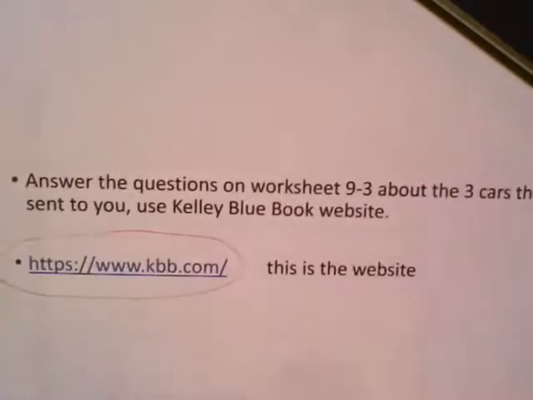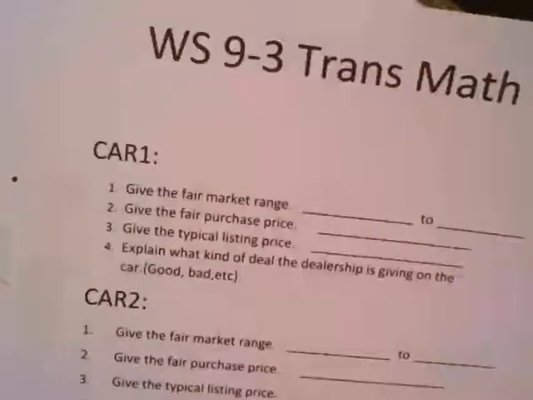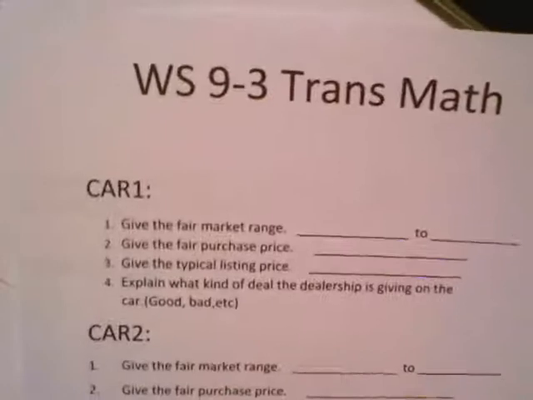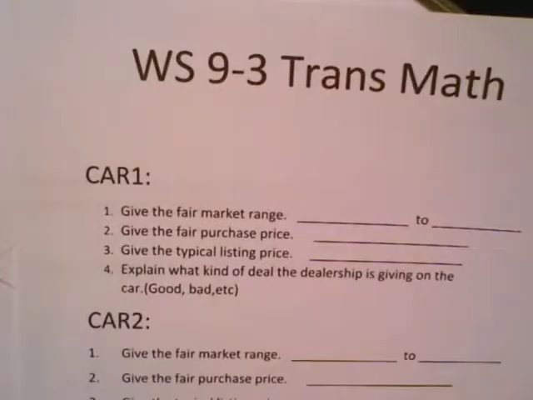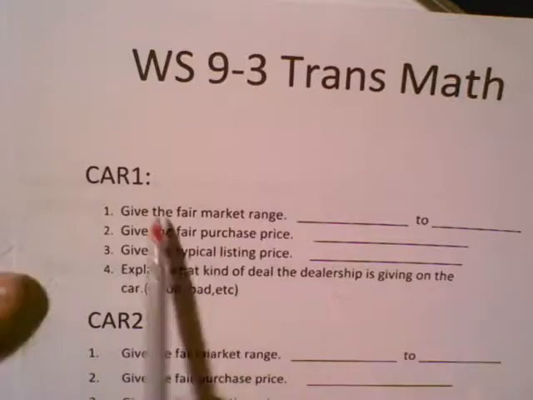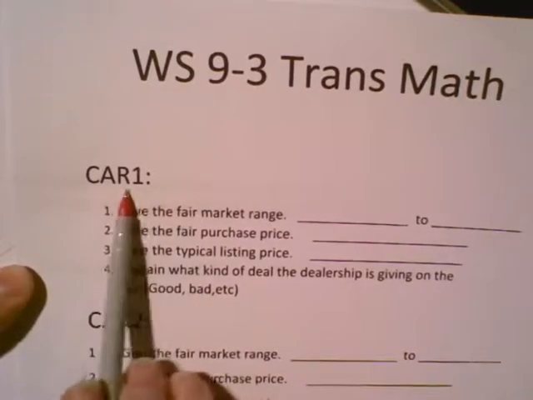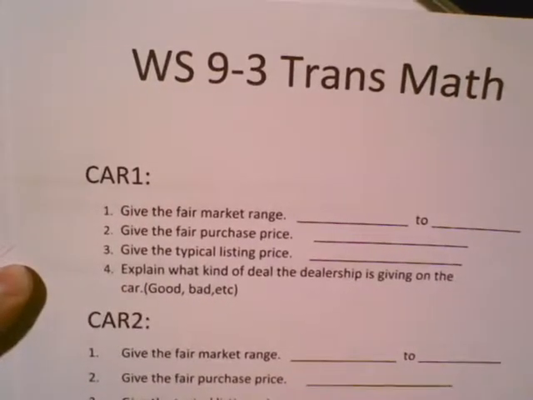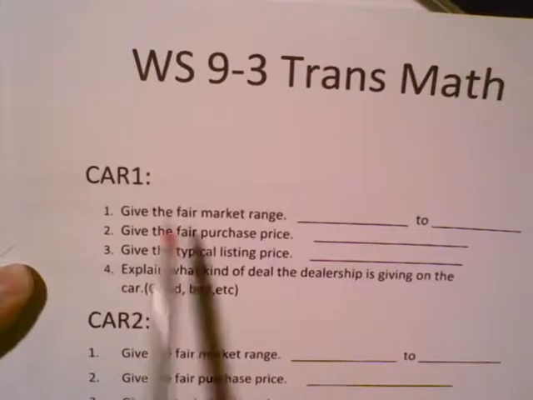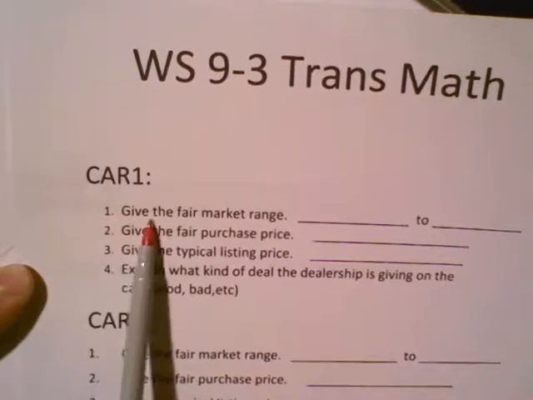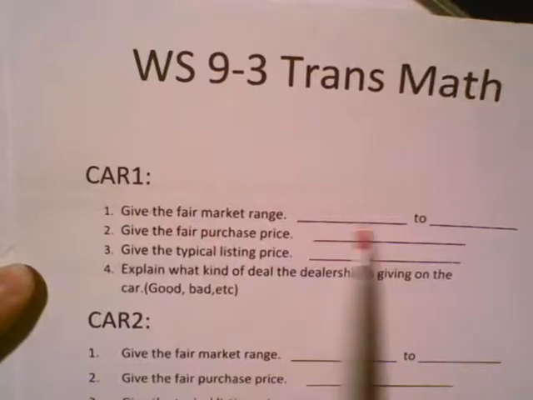This is what your worksheet looks like. I'm going to show you a couple of examples, and we're going to do this same stuff for those examples. Car 1, which I have attached here also, and different cars. You're just going to find the fair market range.